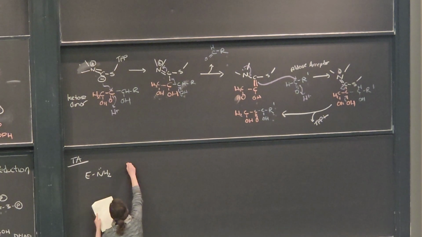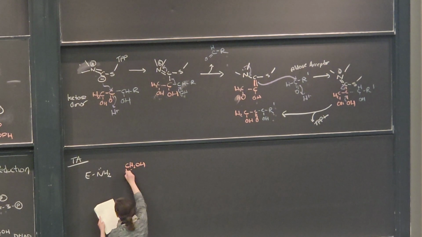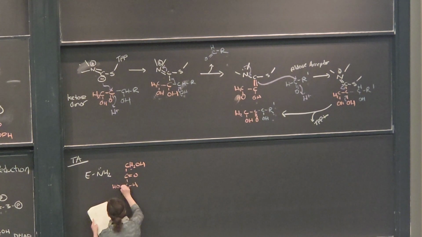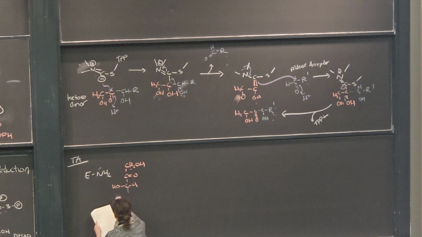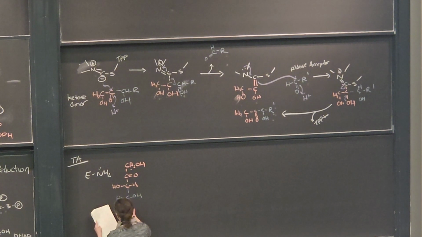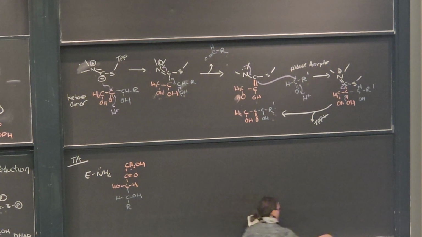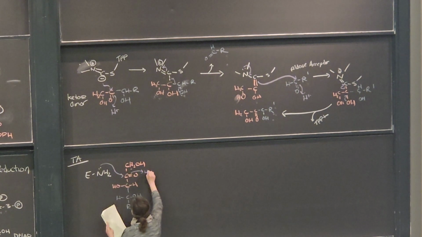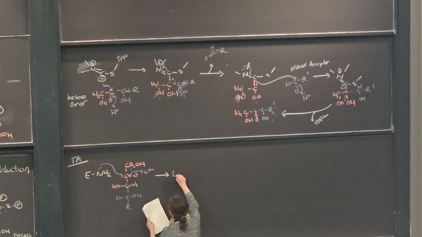Again, I'm going to try to color code the carbons so it's clear where things are coming from. Pull a proton out here. This gives us a covalent intermediate in the enzyme.